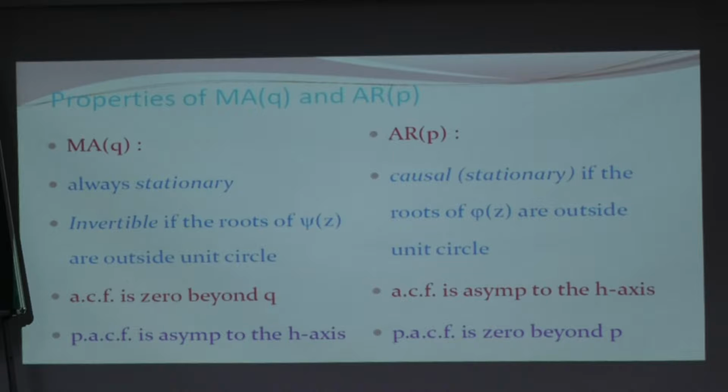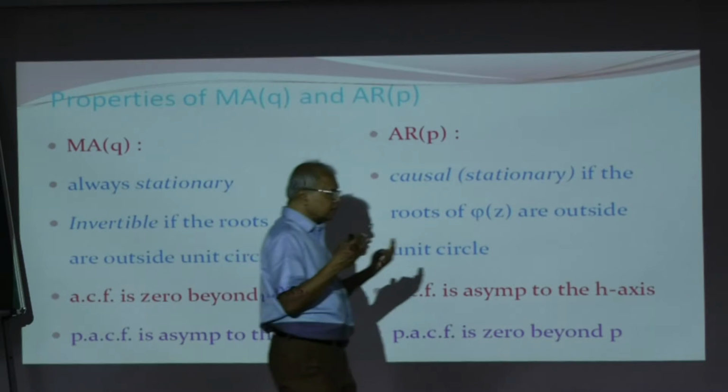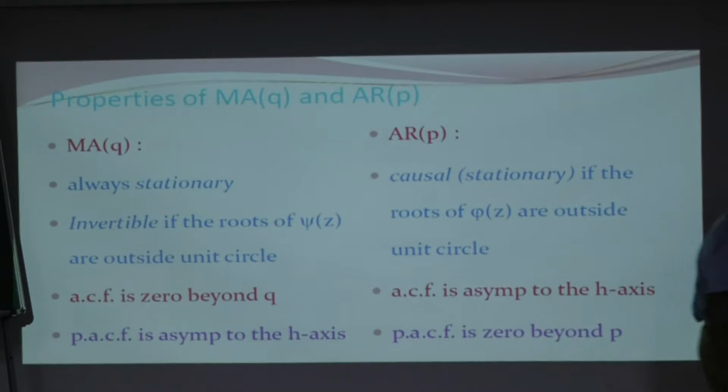Okay? So the first thing that you always do, when you look at the stationary process, is look at the ACF and the PACF diagram. Okay? ACF helps you to identify if there is a MA component in it, and the PACF would help you to identify whether there is an AR component in it. Okay?